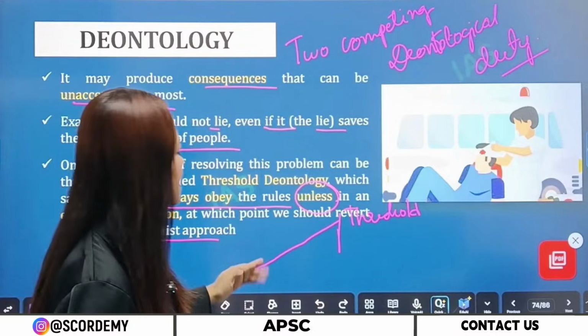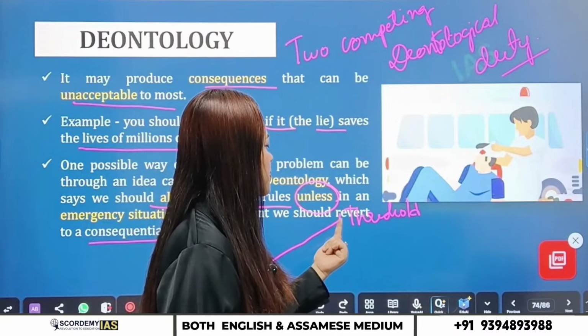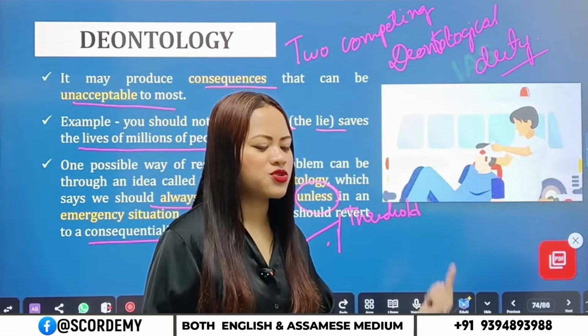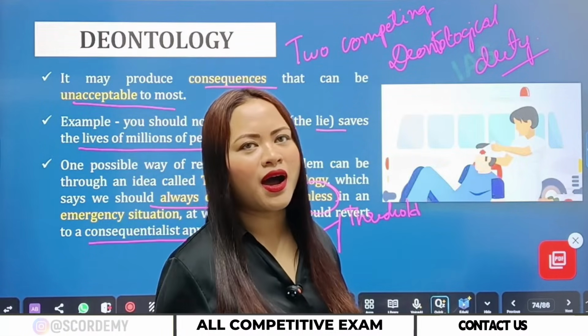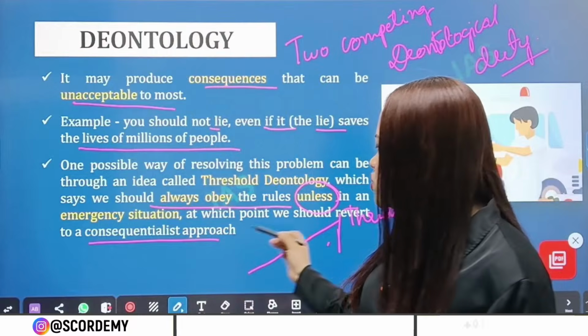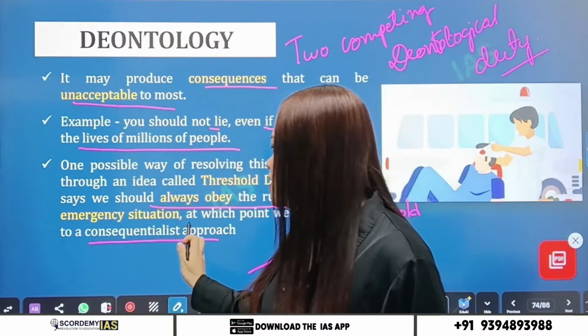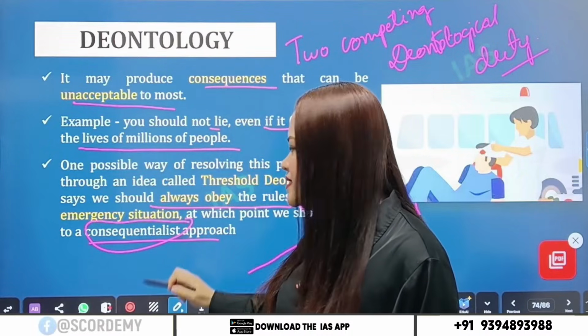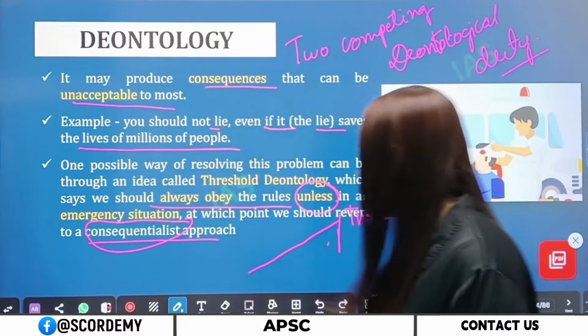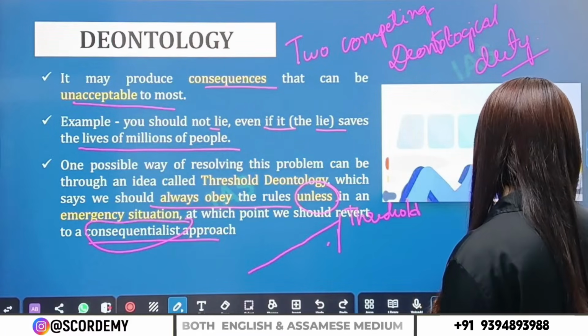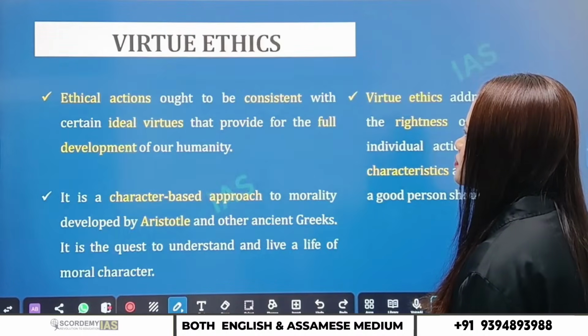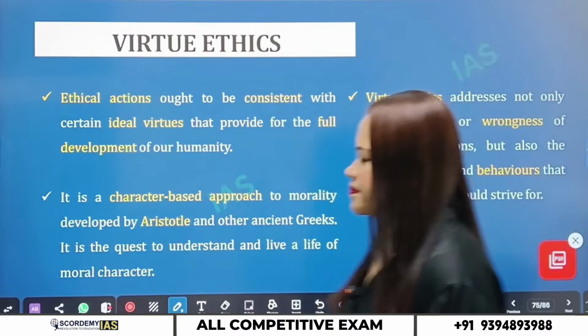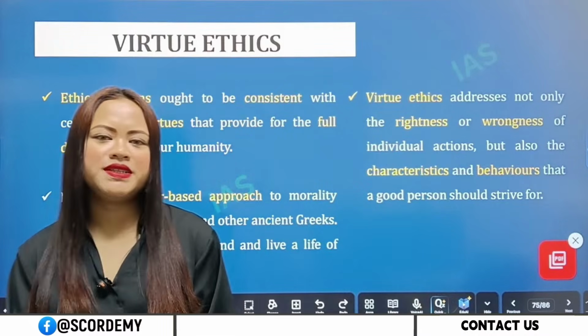If you see that being a deontologist, beyond this threshold, you are causing more harm than good, then you have to revert to being a consequentialist.